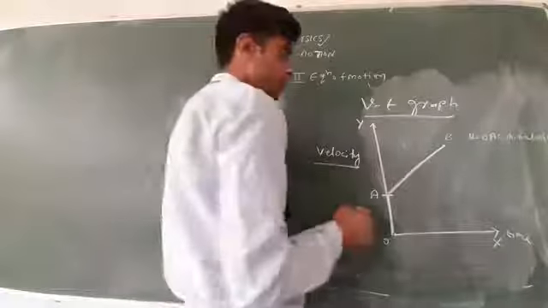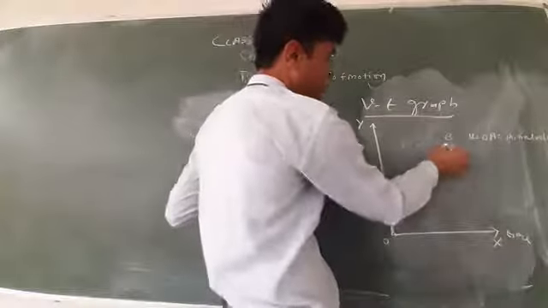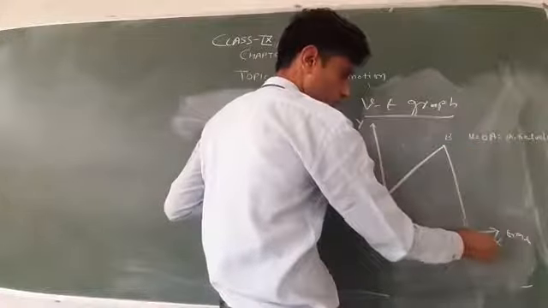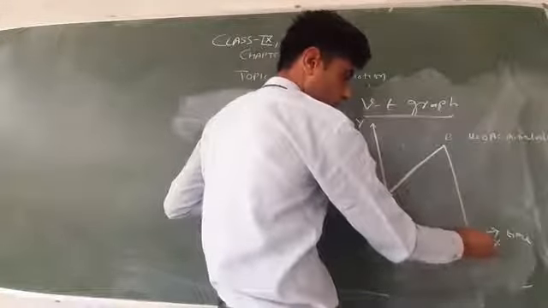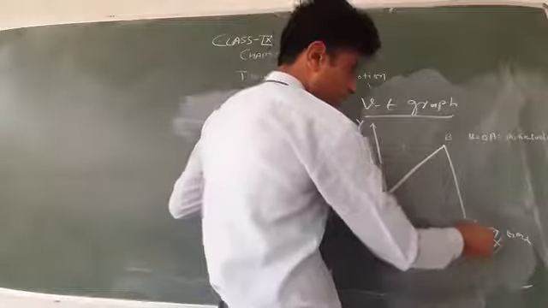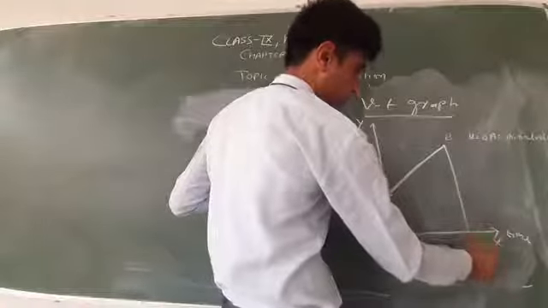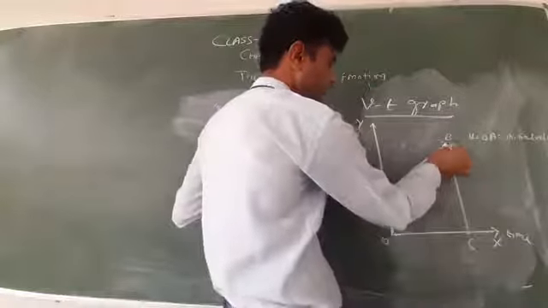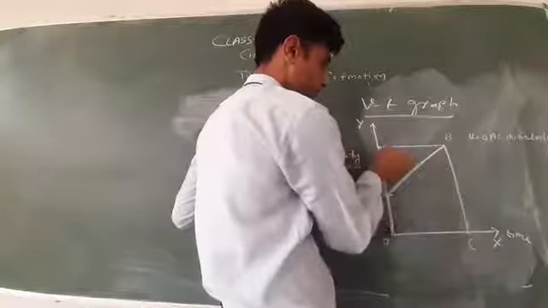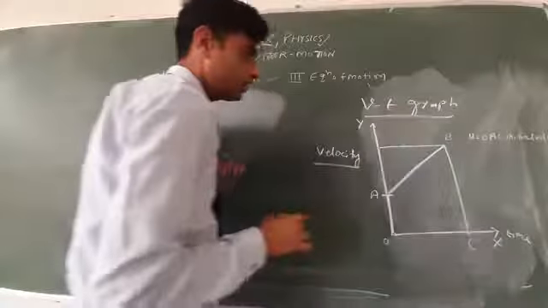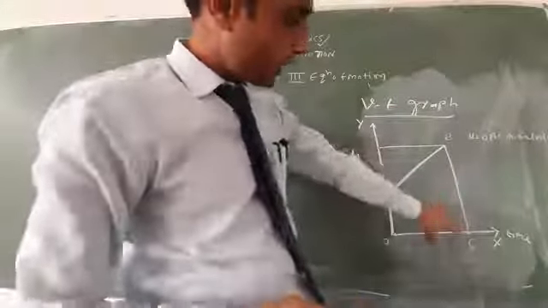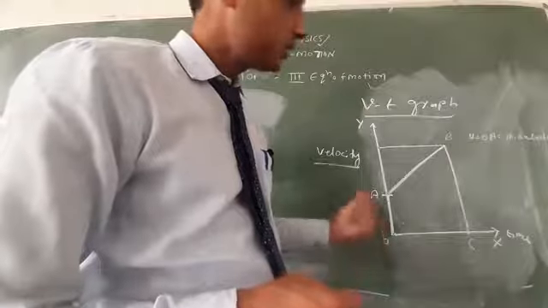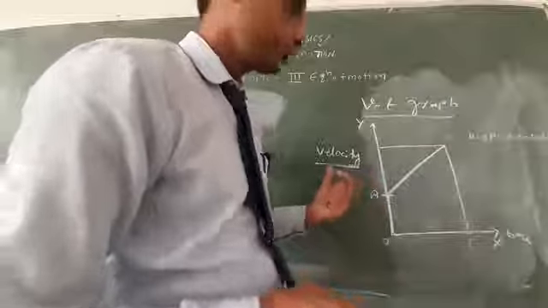When a perpendicular is drawn from point B on the x-axis, let this point be C, and another perpendicular is drawn from point B on the y-axis. The perpendicular on the x-axis represents the time of motion.